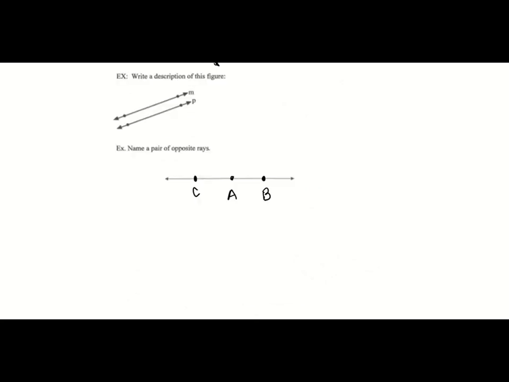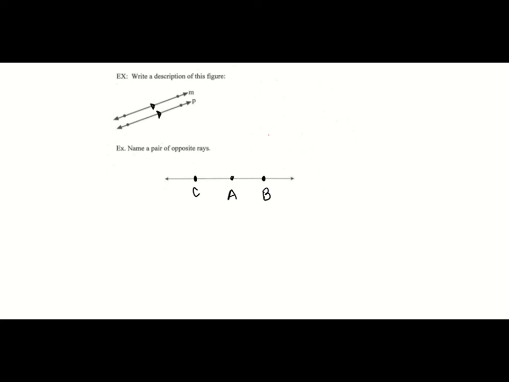Okay, we've got 2 more examples, and this next example asks us to write a description of this figure. First I want you to write in these little arrows on my lines. This is some given information. I'm giving this piece to you. Let's draw a better arrow. If we want to write a description of these 2 lines, those arrows tell me that my lines are parallel.